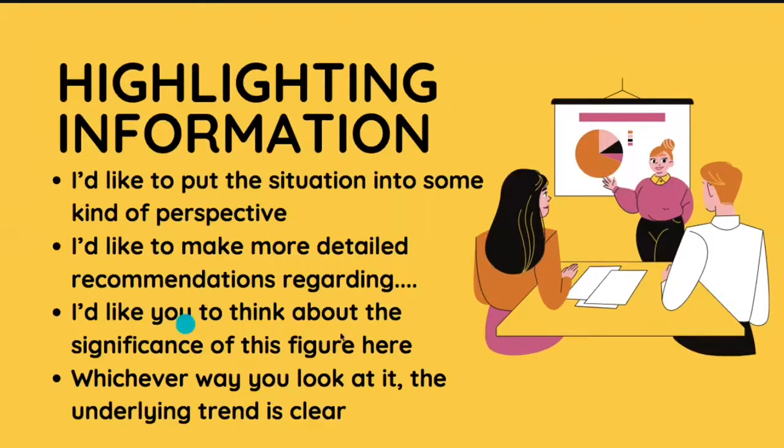I'd like you to think about the significance of this figure here. And the last one is, whichever way you look at it, the underlying trend is clear. So these are some phrases that you can use when you think a certain piece of information is really, really significant or important.